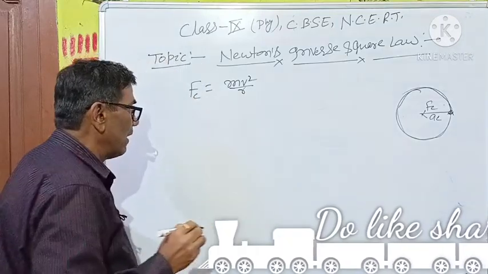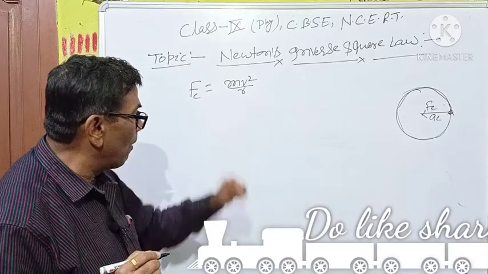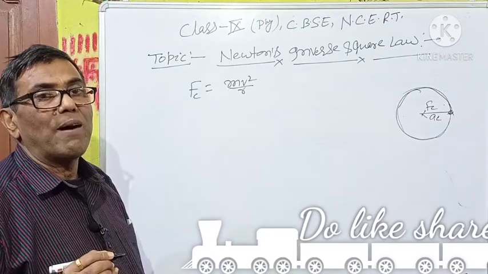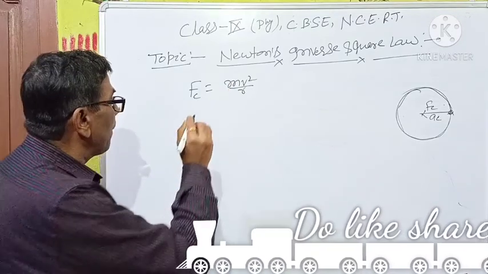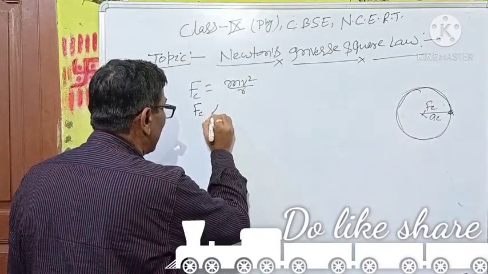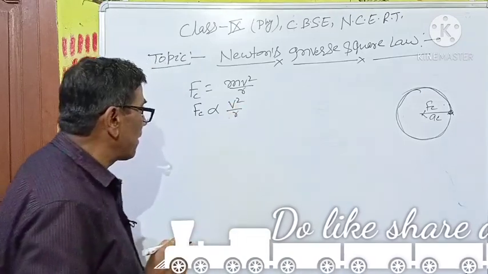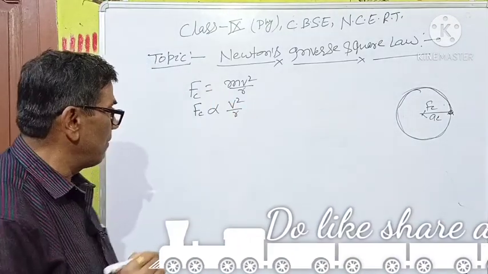Centripetal force is mathematically mv squared by r, where Fc is directly proportional to v squared by r, because m is a constant term.